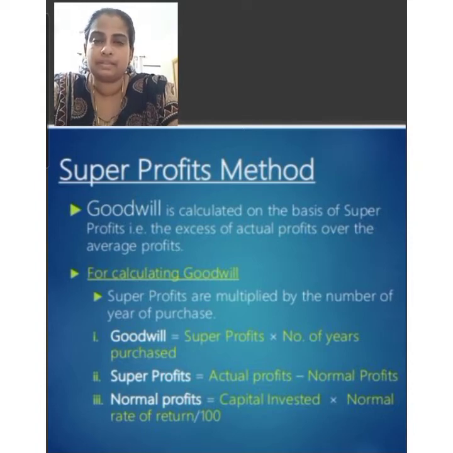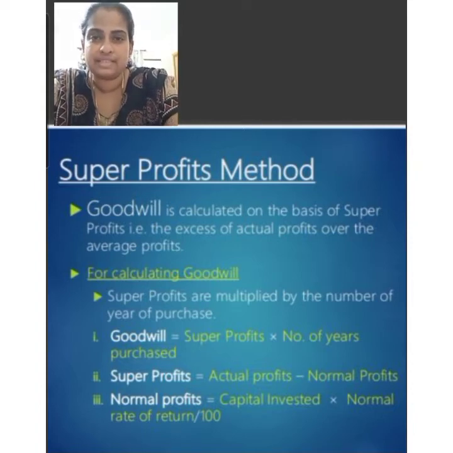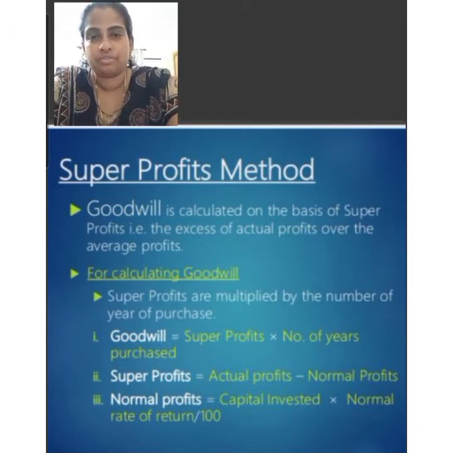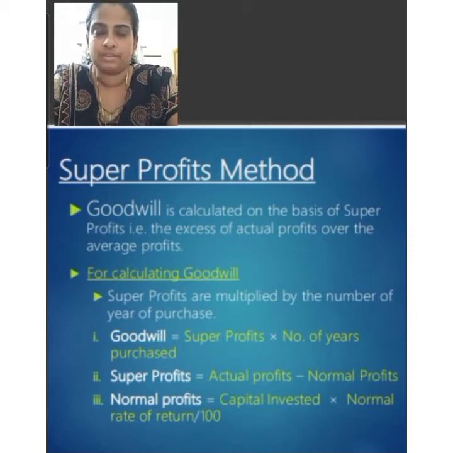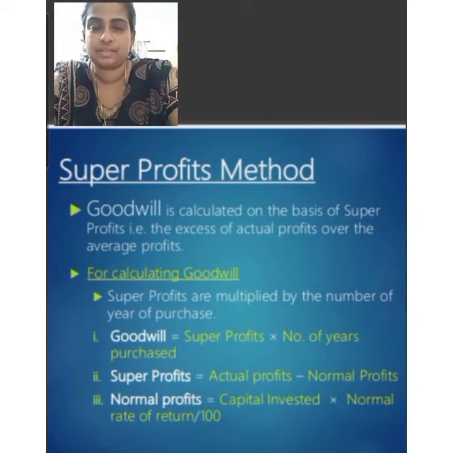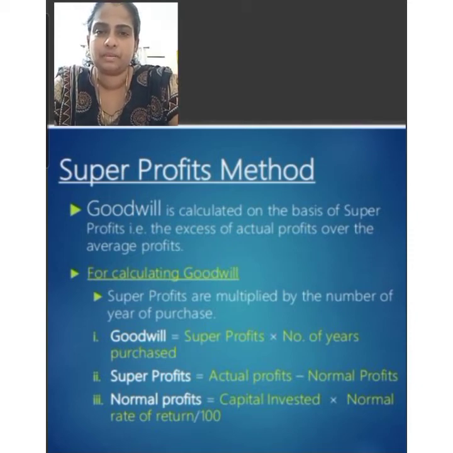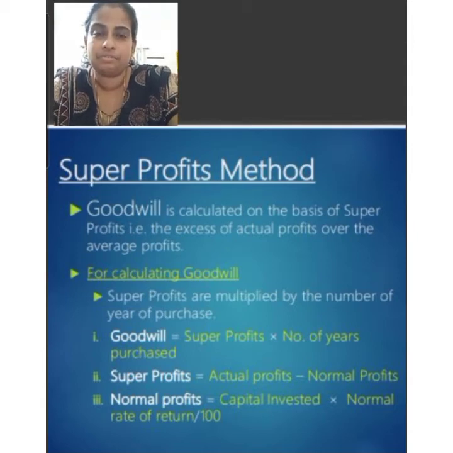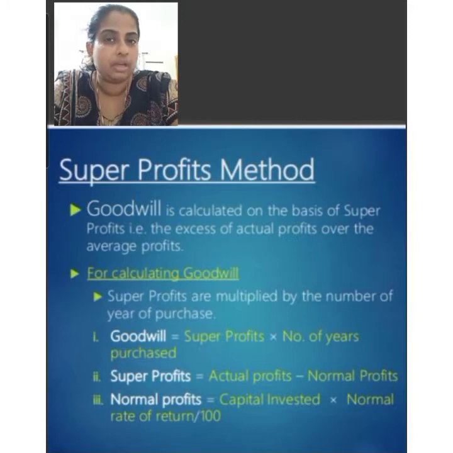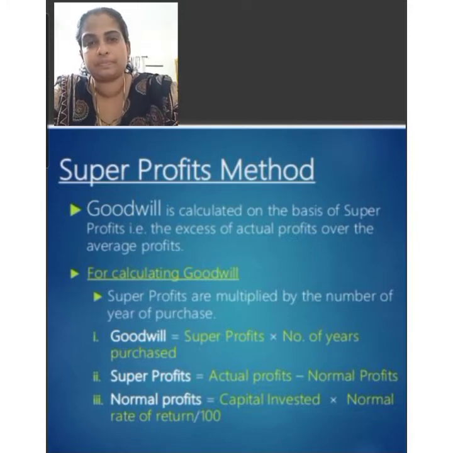In the previous method, we have studied that goodwill equals weighted average profits into number of years purchase. Under the simple average profit method, goodwill equals average profit into number of years purchase.